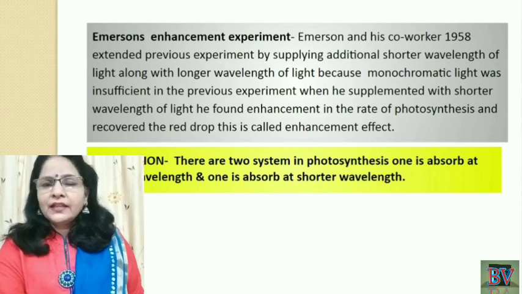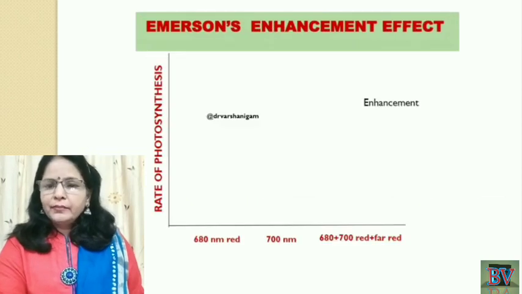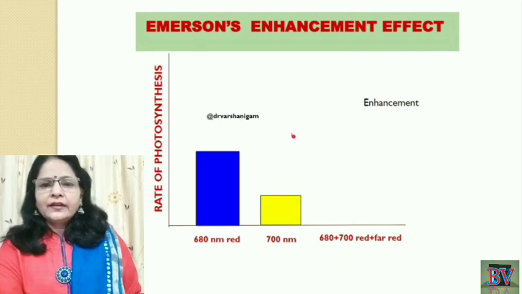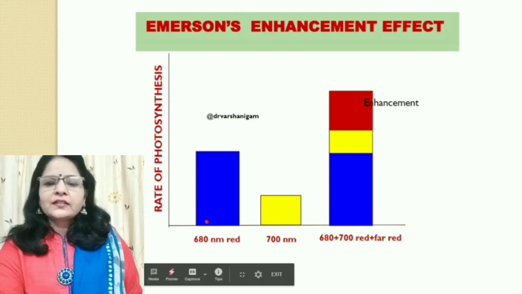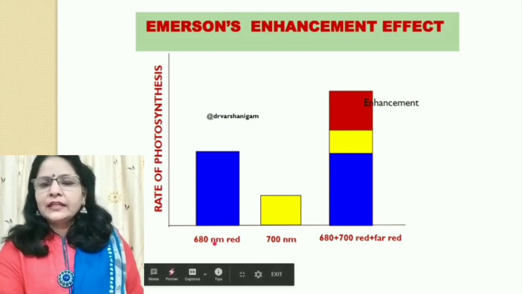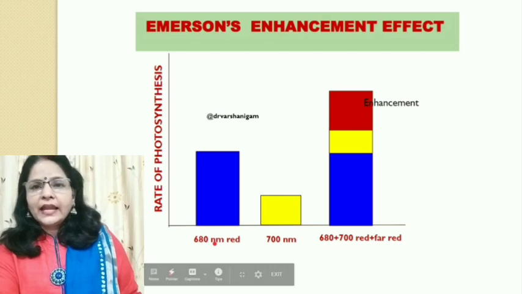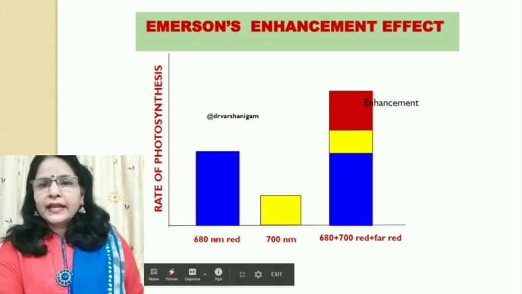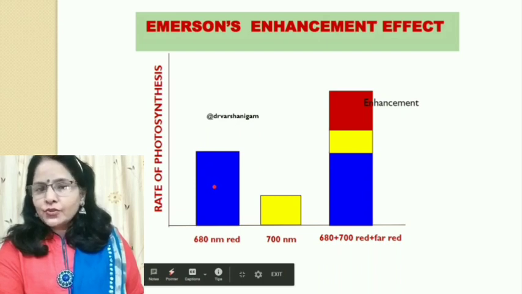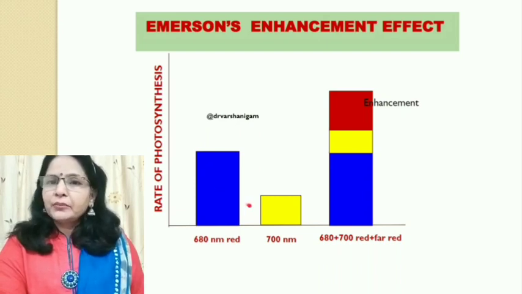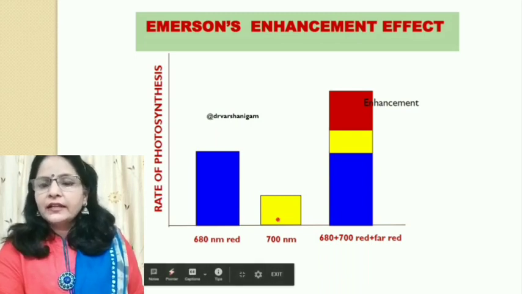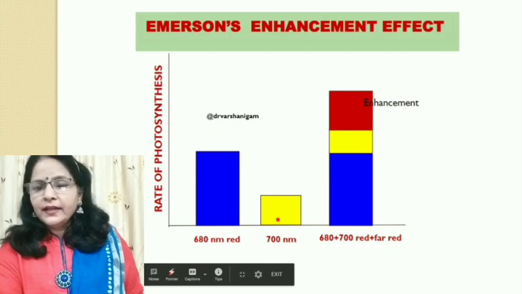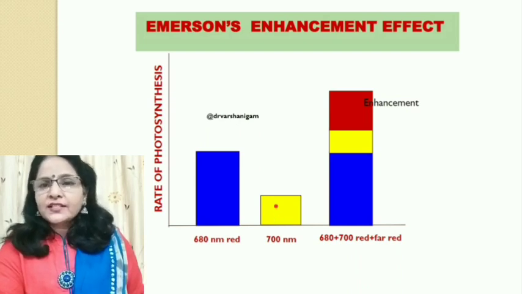And actually, when he made the graph of the rate of photosynthesis, when he gave 680 nanometer red light as monochromatic light, he found that the quantum yield was 52. And when he gave the chlorella plant 700 nanometer monochromatic light, the quantum yield was 10.